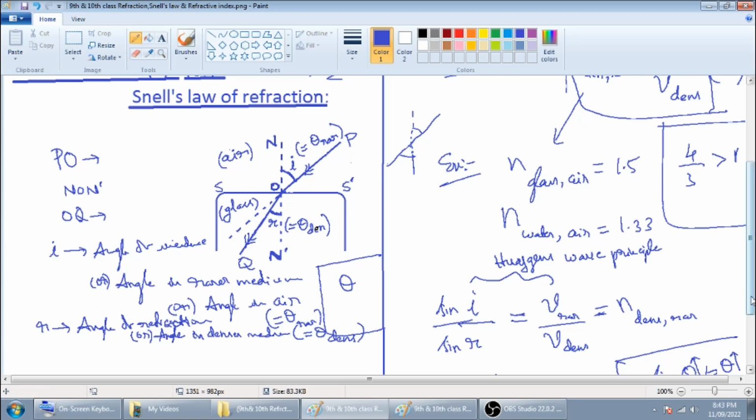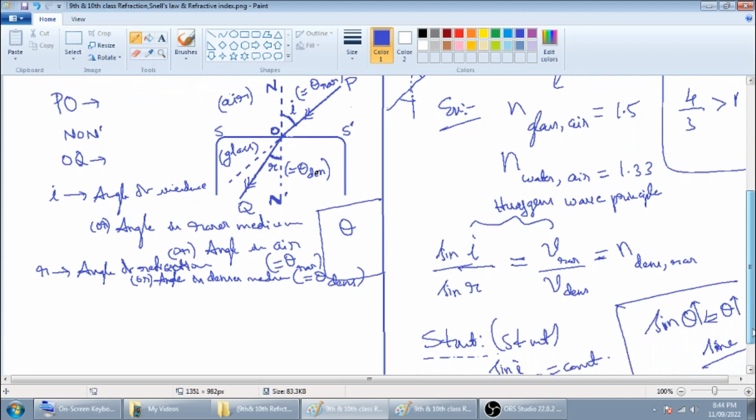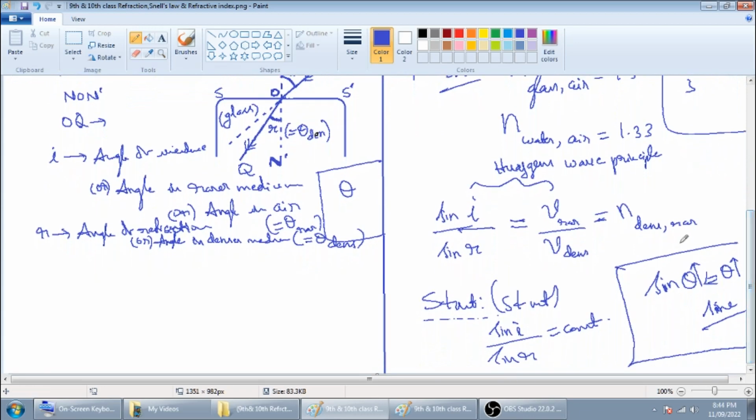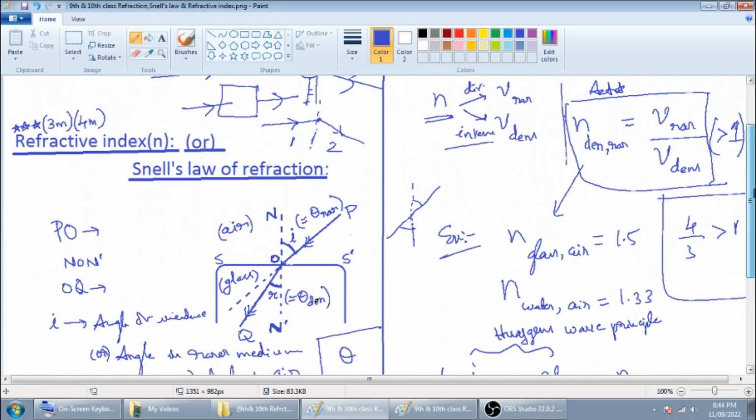So this is a very special refractive index, of a denser medium considered only with respect to air or vacuum, where air or vacuum is the rarer medium. More exactly it's called vacuum, because air and vacuum velocities are almost the same.